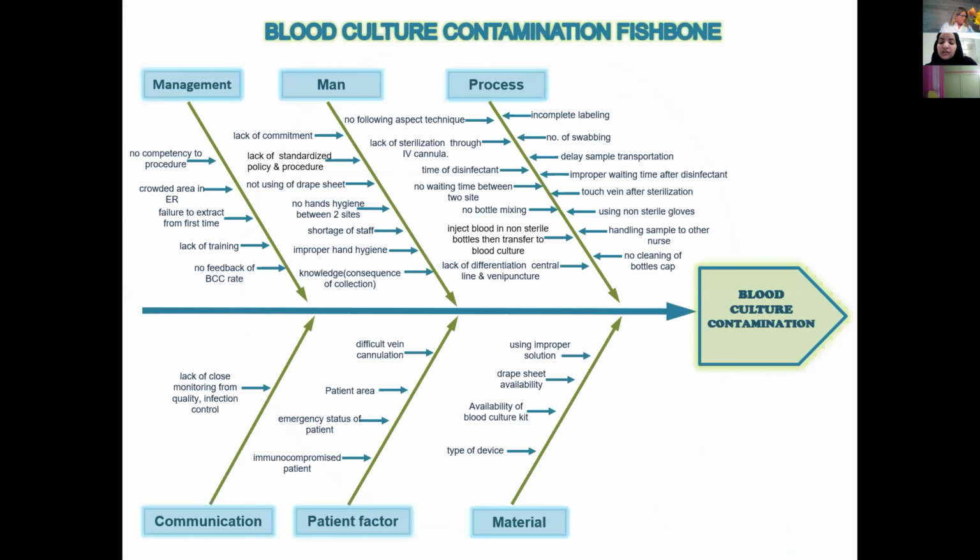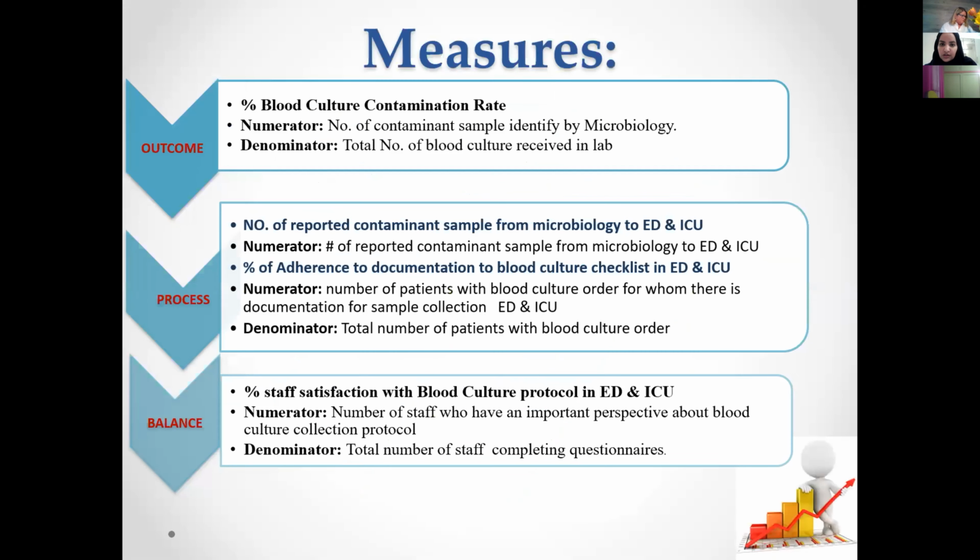Then the team did brainstorming and root cause analysis of the process. Many causes were defined, and the highest rate was of causes related to the process itself compared to the other causes.